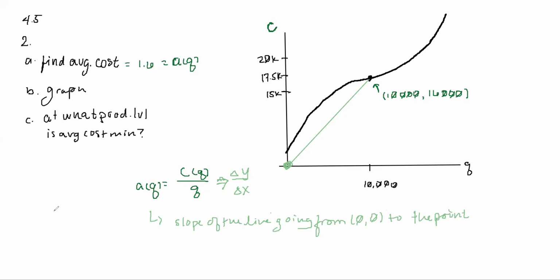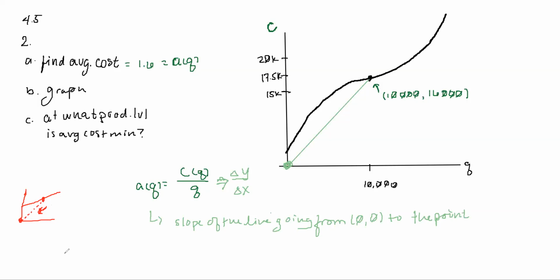Flashback to that graph that I drew earlier, where I had a line that looked like this. Basically what we're saying, the average cost now is not the slope of this line, but the slope of this line, right? Because we're going from the origin to the point on the line.